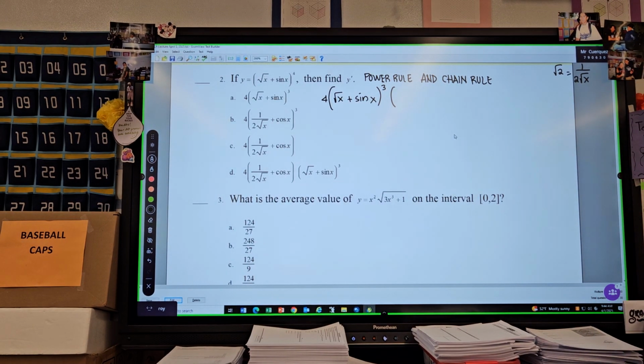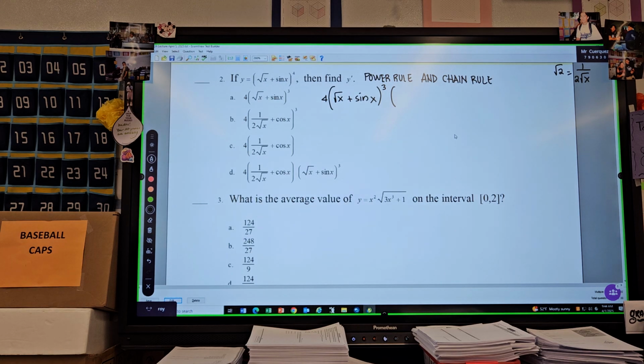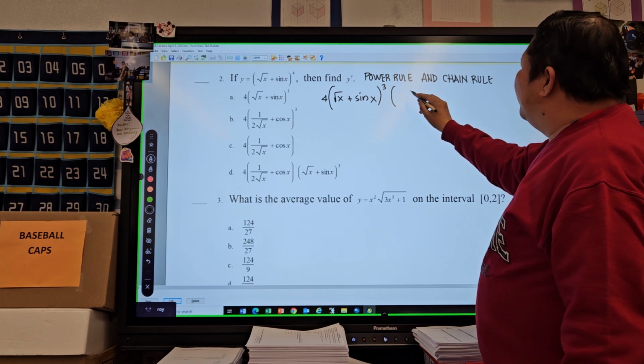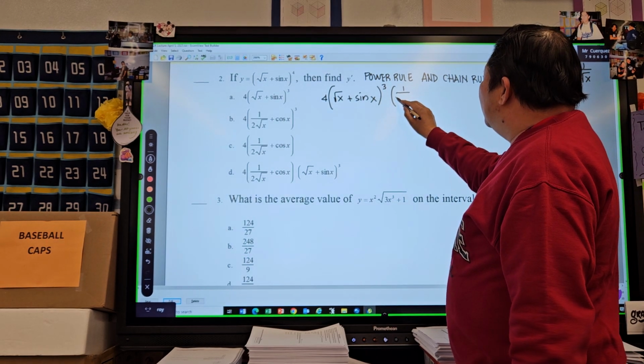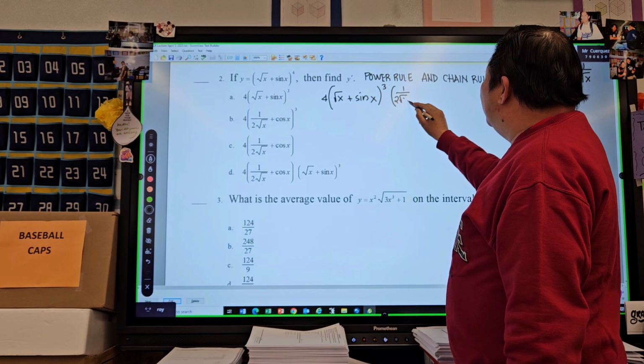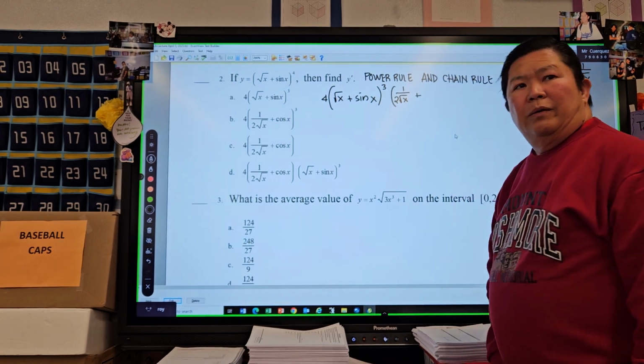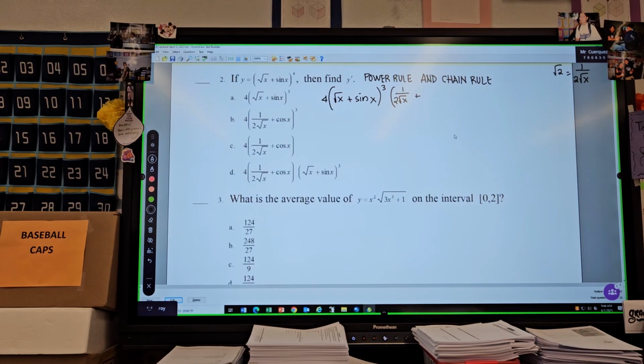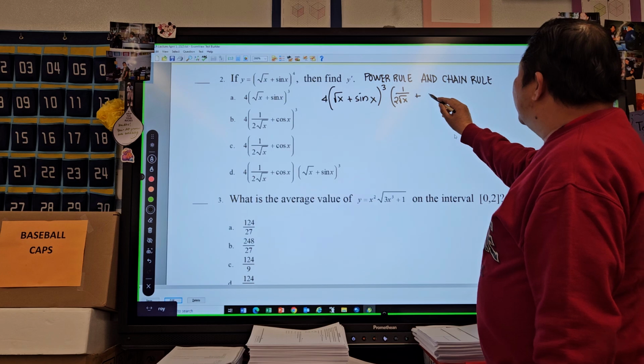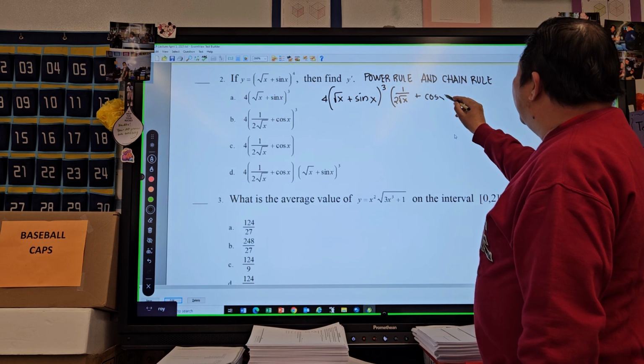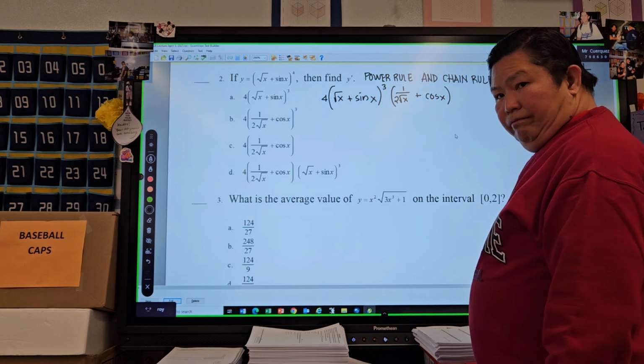This is the derivative. Clear, guys? Okay, so we're going to write 1 over 2 square root of x plus the derivative of sine x, which is cosine x.